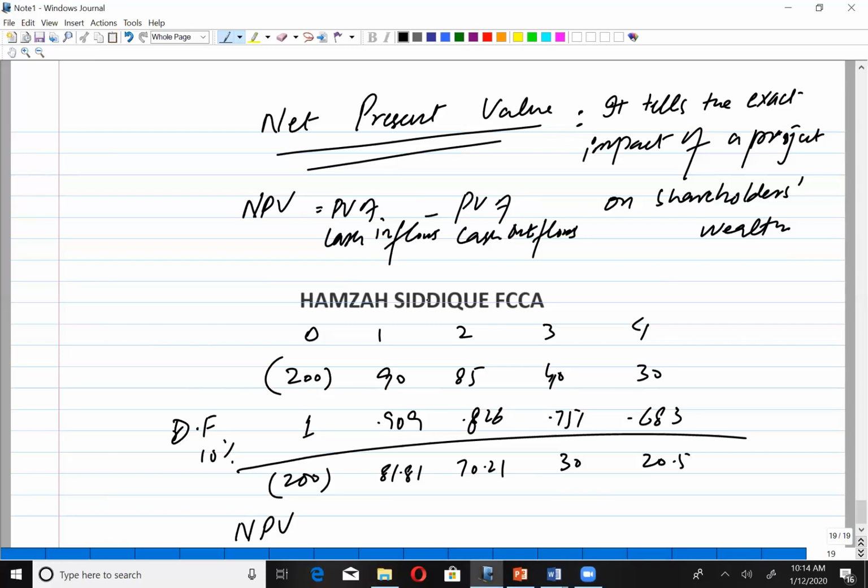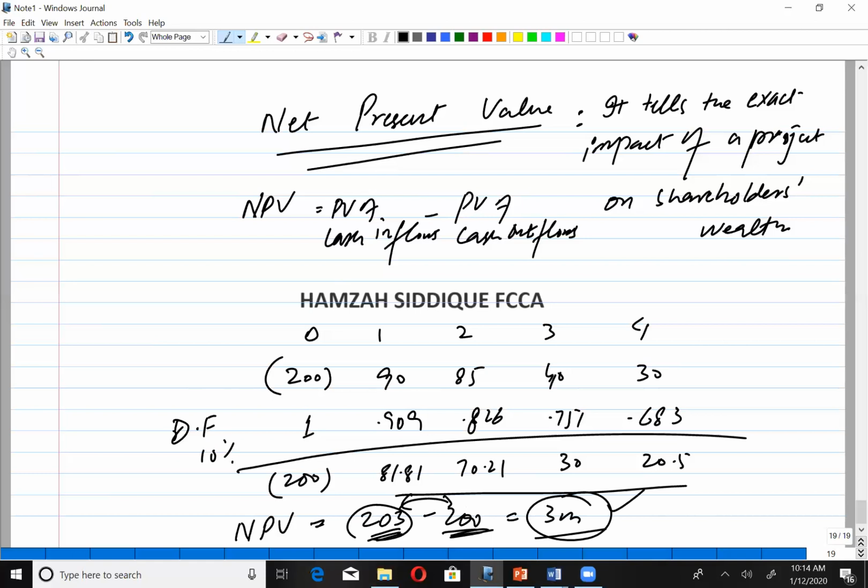Now, NPV is 3 million positive. If we add up all these, it is 203 minus 200, which is 3 million. This 3 million means that the company invested this and got a net return of this.